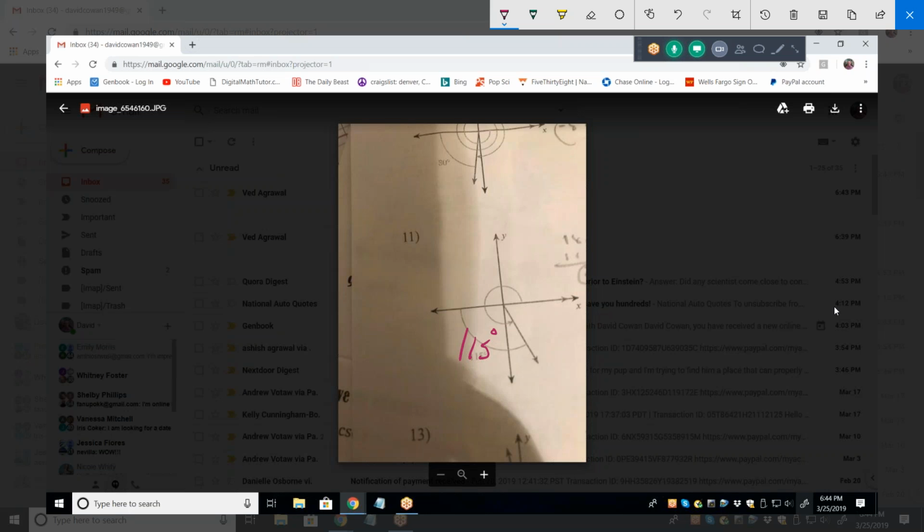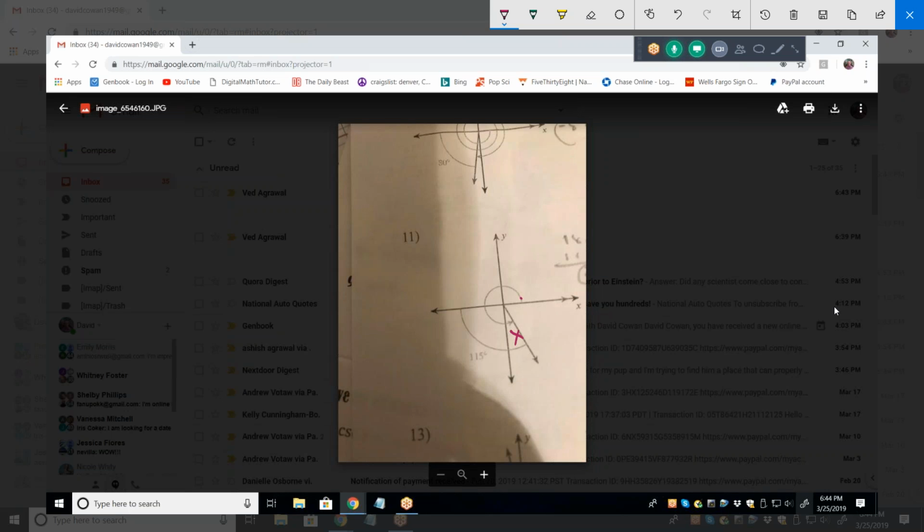Okay, this is a little more complicated. Well, did I label that properly? Yeah, 115 degrees. Did they give you any information about that? No, they don't, but you don't need it. We'll just call that X. It's going to be a positive angle, okay?